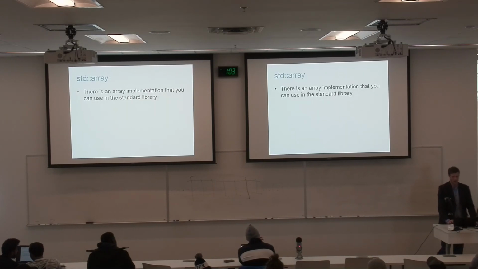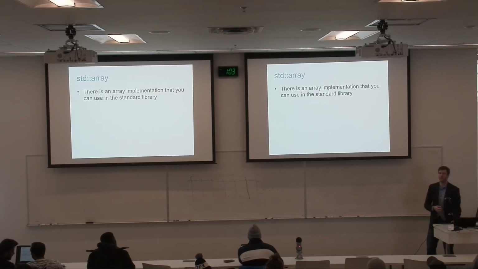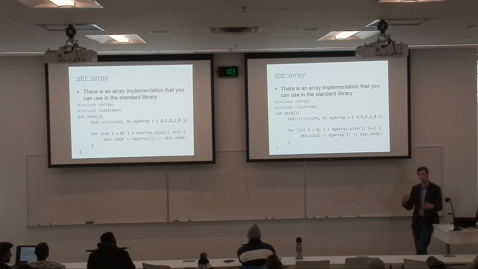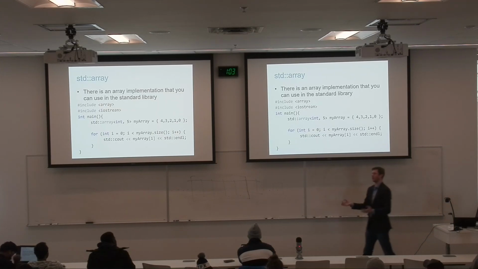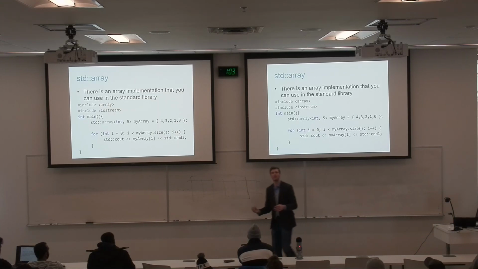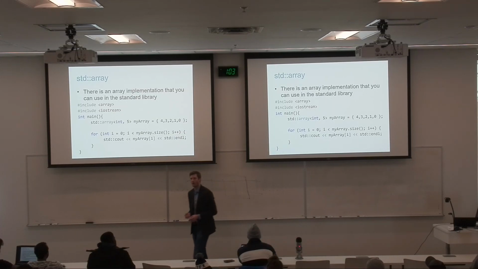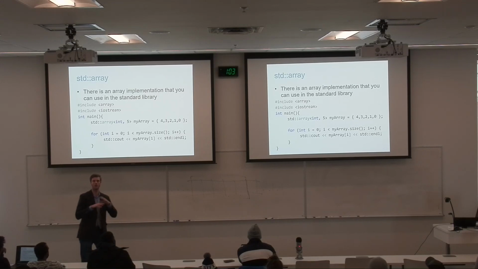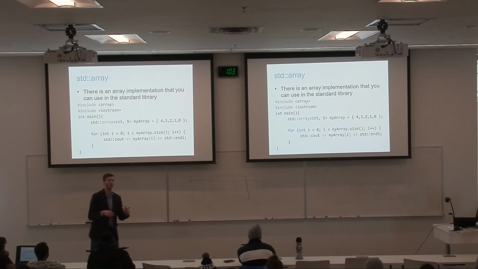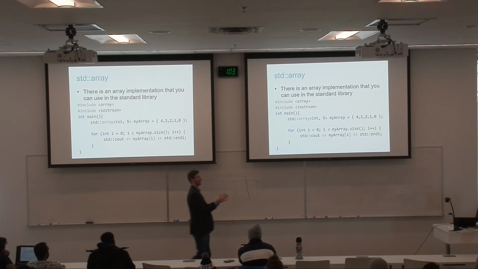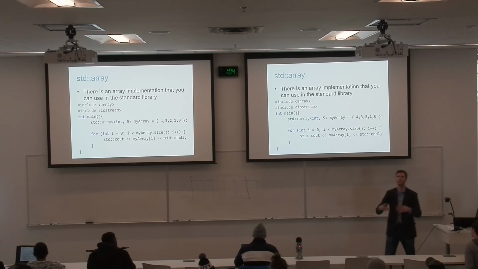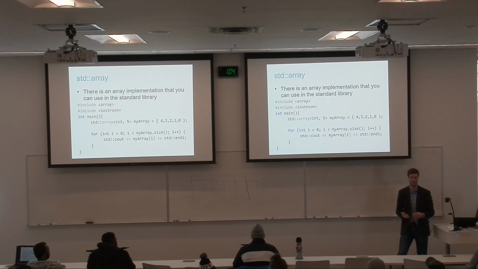Okay, some people were asking about this. There is something called the standard array. You could use this, and really outside of 161, you would be encouraged to use this or other data structures. But we're not going to use the standard arrays in this class because part of the reason we're doing C++ and playing around with the pointers and having static and dynamic arrays is that you get a chance to get experience with all these different things.